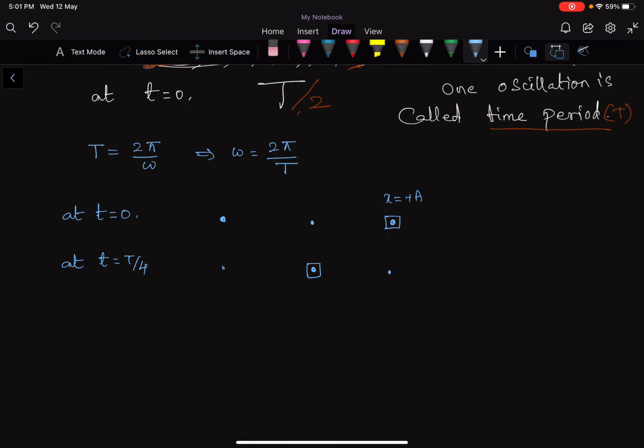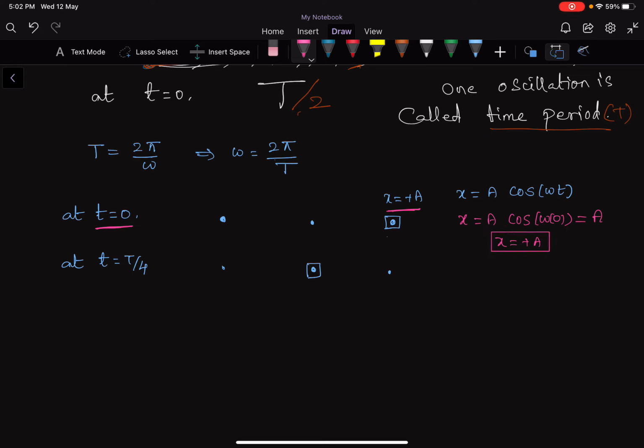We know the displacement x equals a cos omega t. That means at t equal to 0, x equals a cos of omega into 0, cos 0 is 1, into a, so x equals a. The particle started from x equal to a.